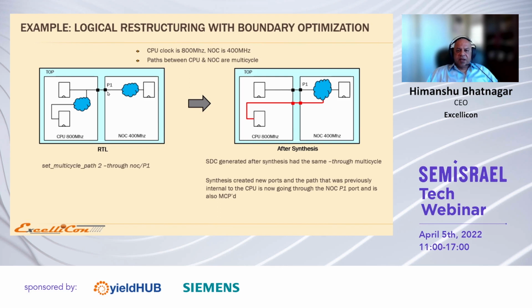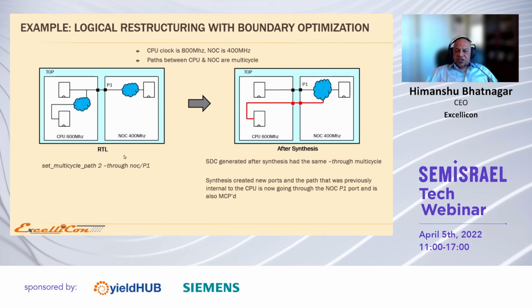Now synthesis was done at the whole top level, and the synthesis tool did a good job optimizing the boundary interfaces. It basically merged these two logic bubbles, put them here, and routed the signal here, which is the right thing to do. They ran LEC, and the LEC came out clean. This is 100% equivalent. Now look what happened.